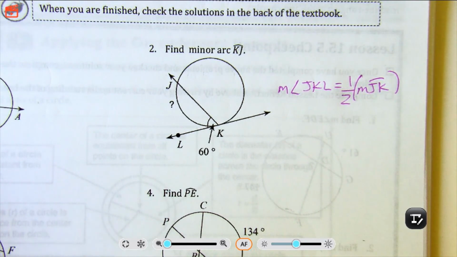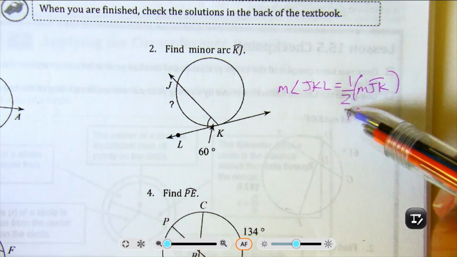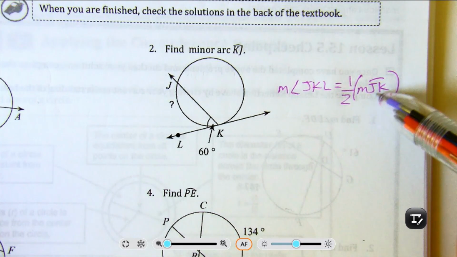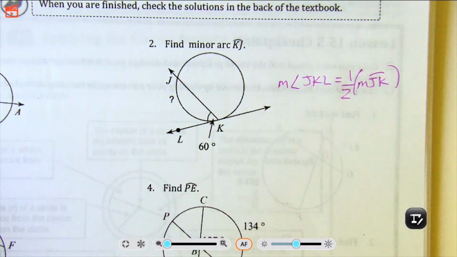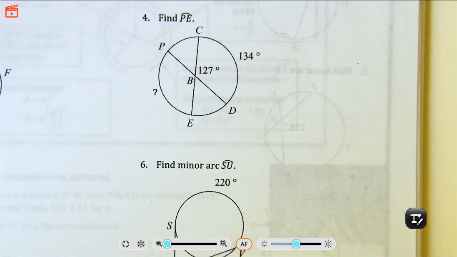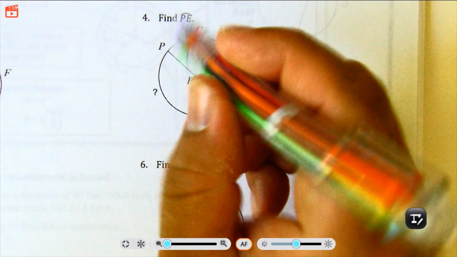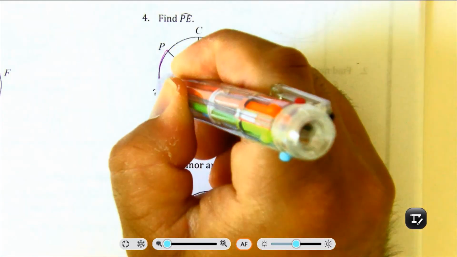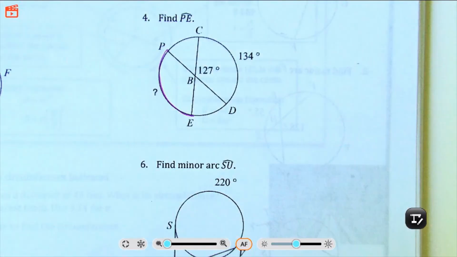Okay, next for problem number 4, we want to find arc PE. So again, let me highlight this because it helps me to find out what I'm trying to find. This is a problem where the vertex is inside the circle, and I know that I have to take the sum of the two arcs to find the angle. So let me write the formula for you guys.